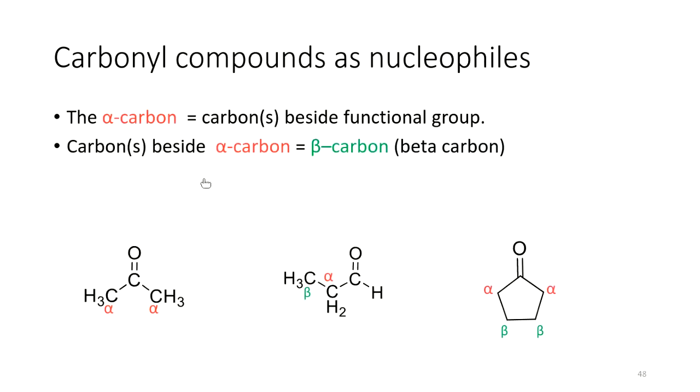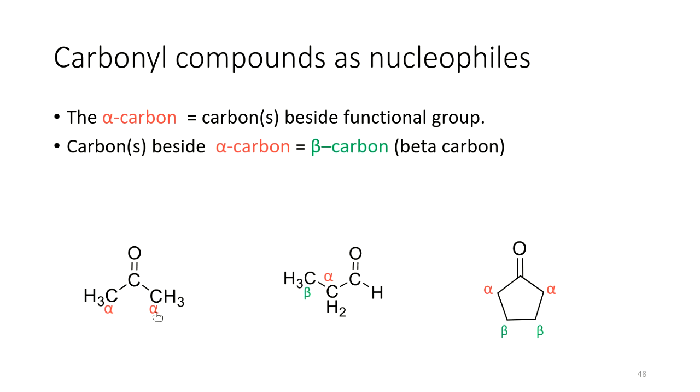All right, so before we do that, talk about the alpha carbon. So the alpha carbon in any structure is the carbon beside the functional group, right? And for these structures, these are all carbonyl compounds. The functional group is C double bond O. So any carbon beside the C double bond O is going to be referred to as the alpha carbon. So we use the Greek alphabet to indicate our carbons.